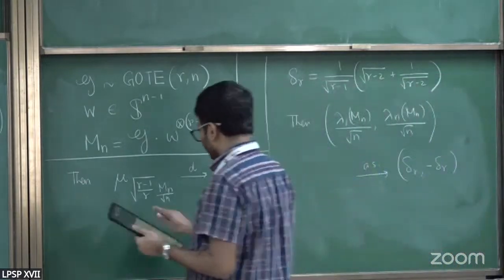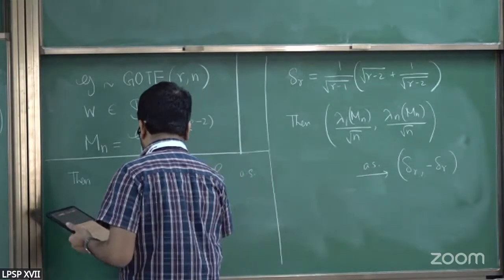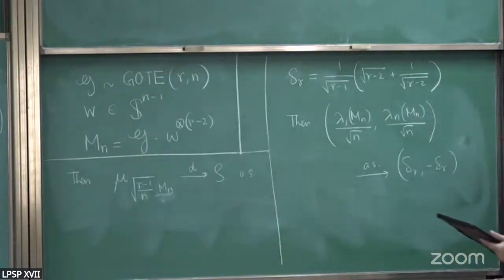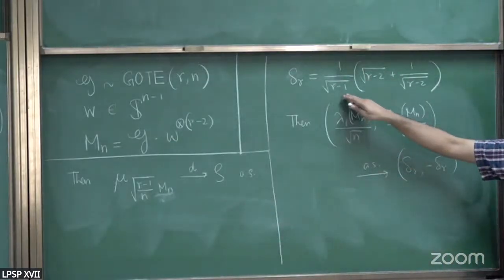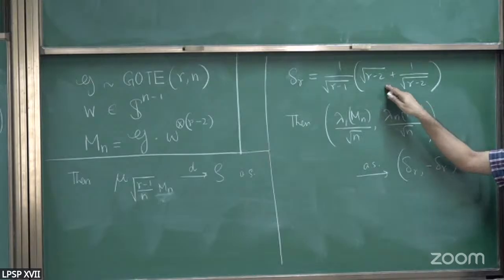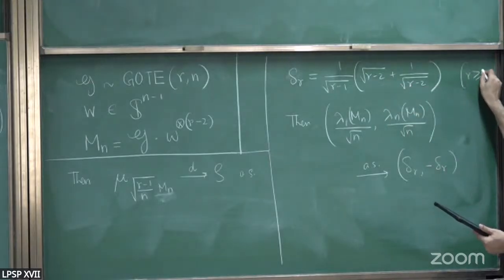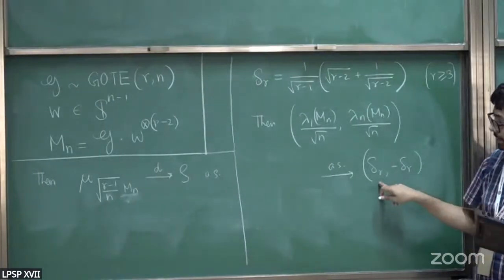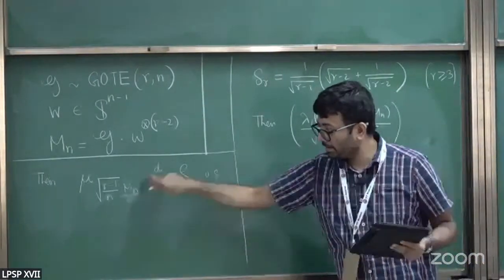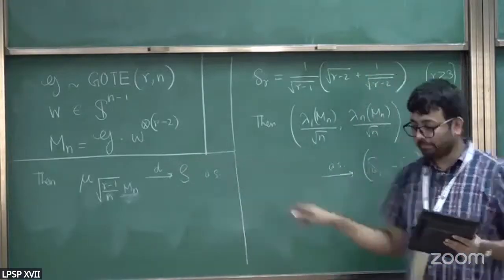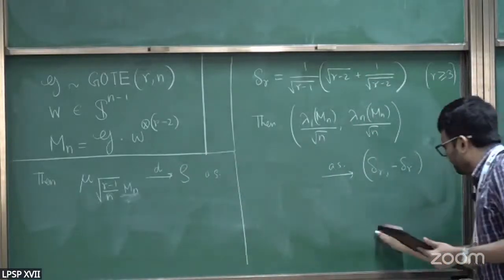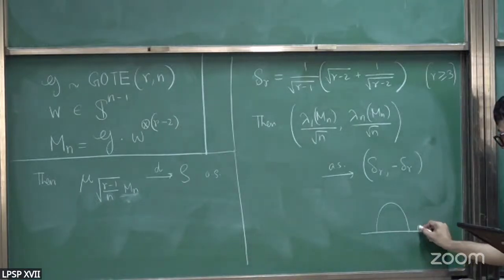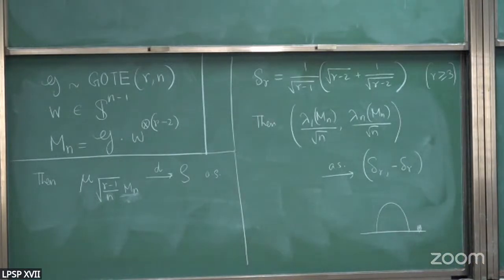Okay, so you mean this is N? Okay, sorry. So delta_R is this constant depending on R. Okay? R is bigger than or equal to 3. And you can check that for R bigger than or equal to 3, this exits the semicircle that you get here, the bulk of the spectrum. So if you plot the histogram, it will look like there's a peak outside the bulk of the spectrum.